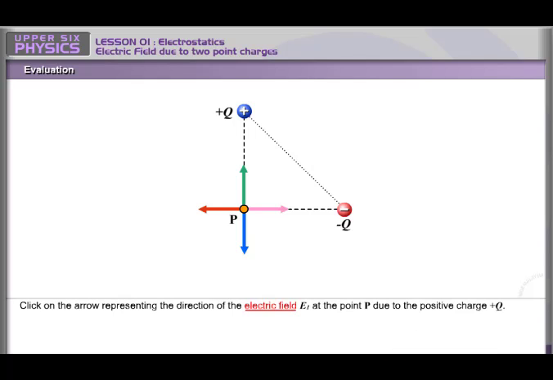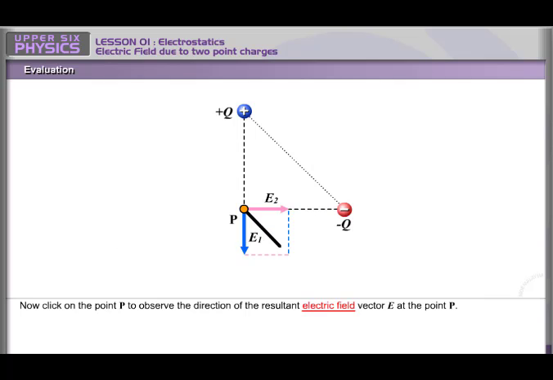Click on the arrow representing the direction of the electric field E1 at the point P due to the positive charge positive Q. Then click the arrow representing the direction of the electric field E2 at the point P due to the charge negative Q. Now click on the point P to observe the direction of the resultant electric field vector E at the point P.